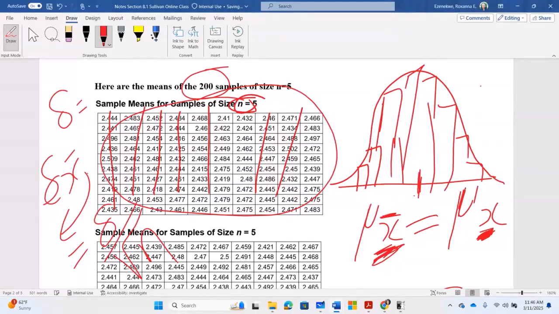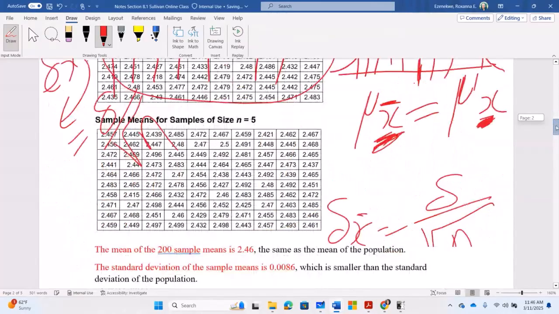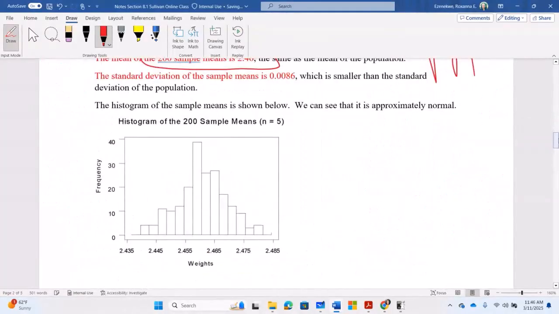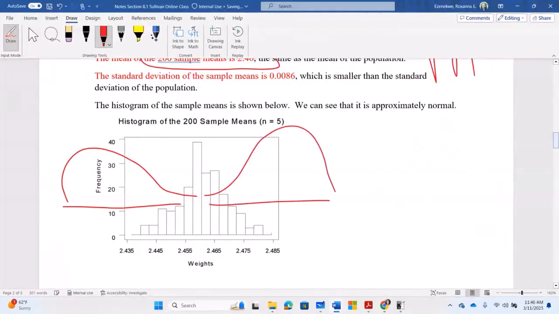Okay, so in summary, let me just make sure I summarize what the central limit theorem says. It doesn't matter if the original data is skewed right, normally distributed, or skewed left. Let me call this one A, skewed right.